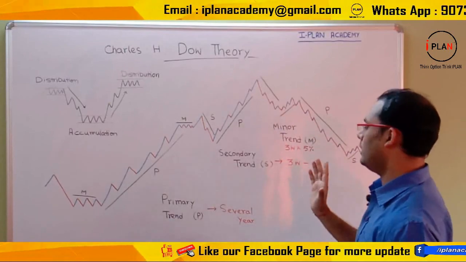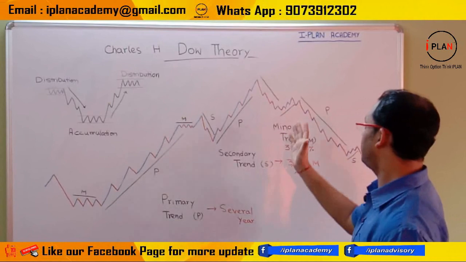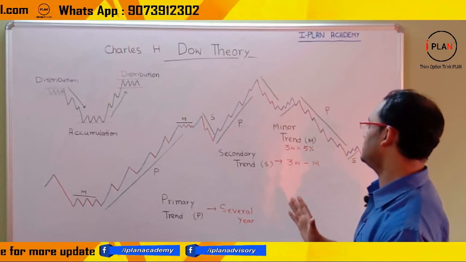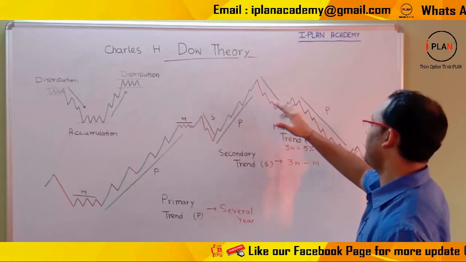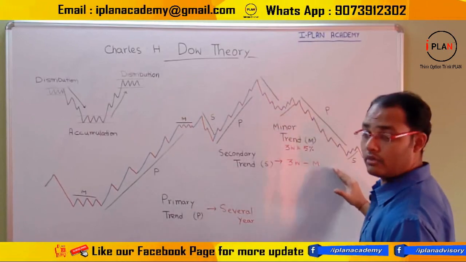When price moves against the primary trend, then this trend is called a secondary trend, and here price will move up, but basically the primary trend is down.